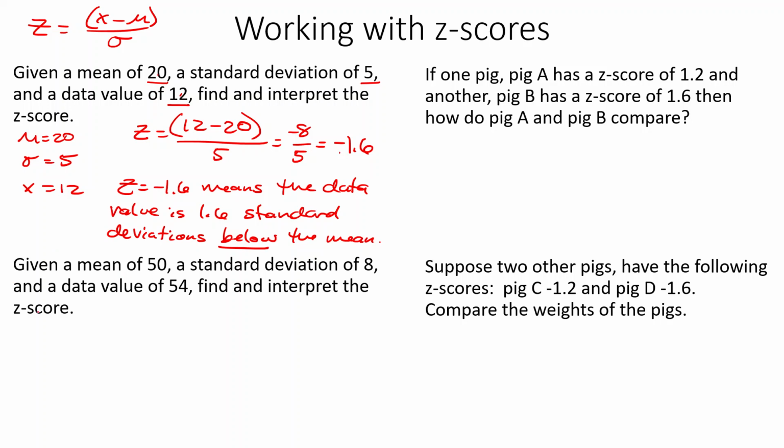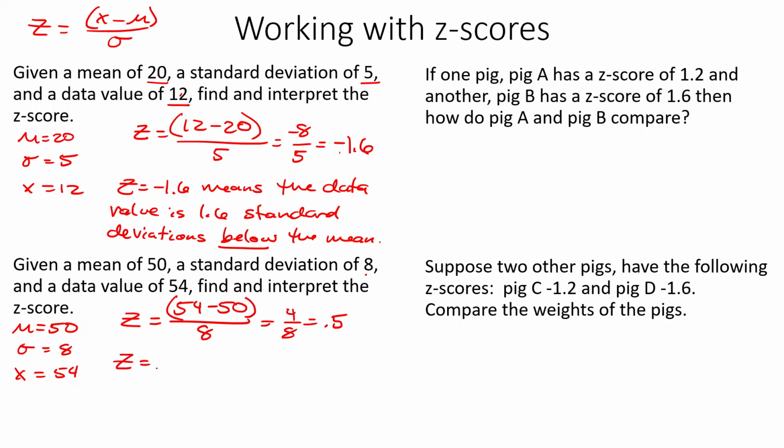All right, the next one, we're given a mean of 50, a standard deviation of 8. So there's our sigma, 8, and a data value of 54. So x is 54. Find and interpret a z-score. So the z-score here is x is 54 minus the mean, so minus 50, divided by 8. So that's 4 over 8, which is 0.5.